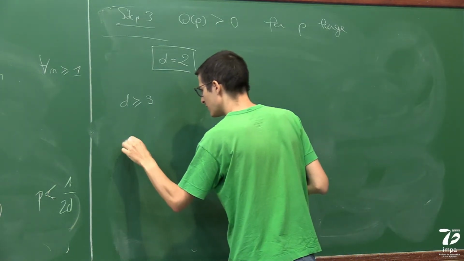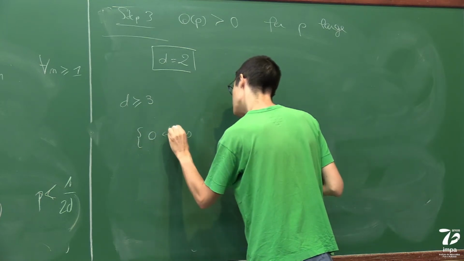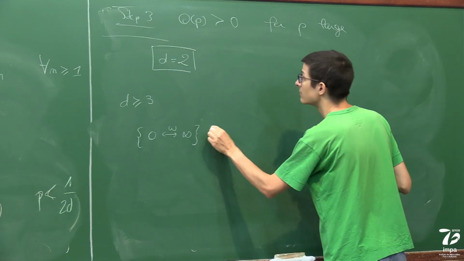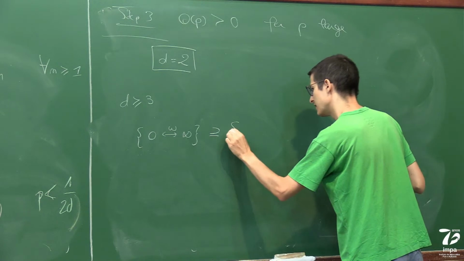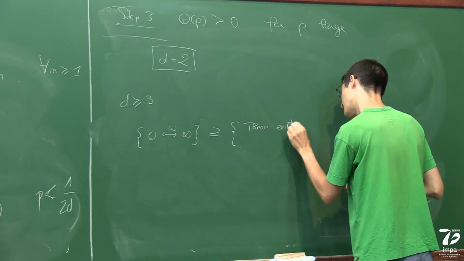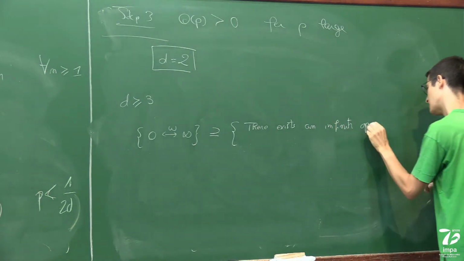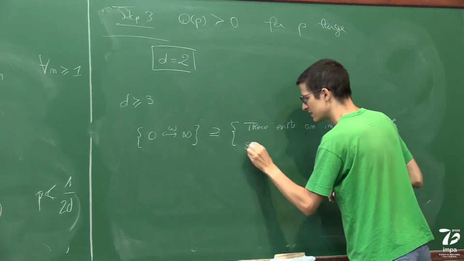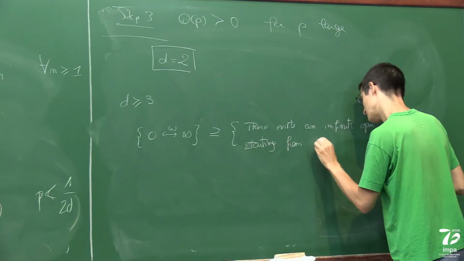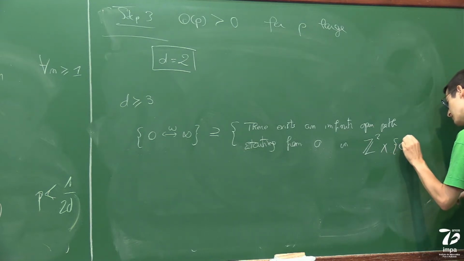Then the event that 0 is linked to infinity is larger than the event that there exists an infinite open path starting from 0 in Z^2 times 0 to the d minus 2.